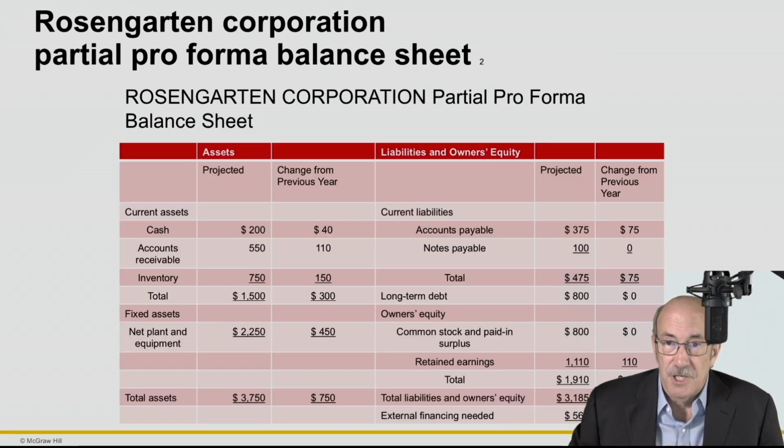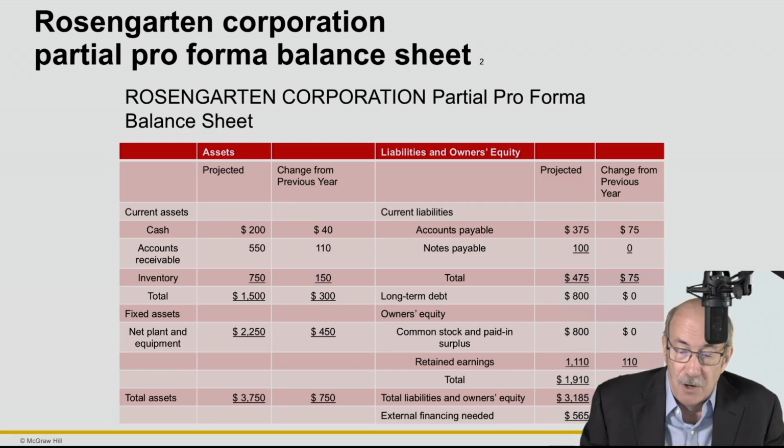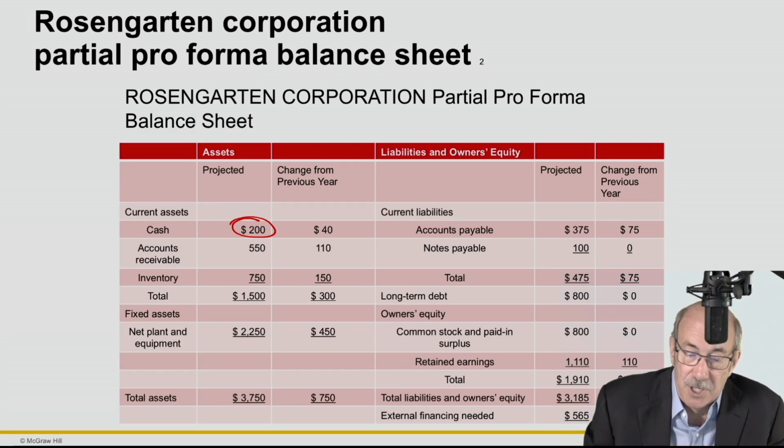All right, so here is our pro forma, or projected, balance sheet for Rosengarten Corporation. We're still going to have a fair amount of cash, but that's going to go up by the percent of sales. So it's going to go from 160 to 200. Likewise, accounts receivable, same with inventory.